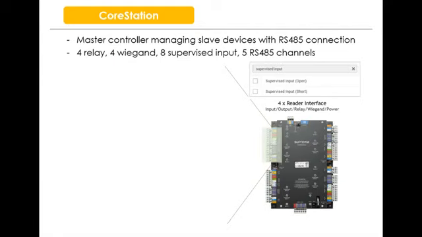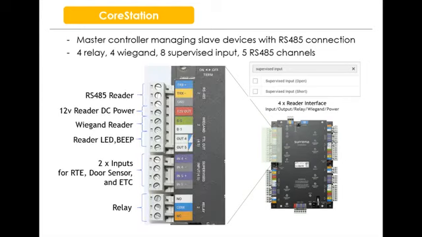This is a zoomed in display of the Core Station's panel. The device's input is supervised input, which means that the device can sense if the input has been tampered with, just like the TM20.